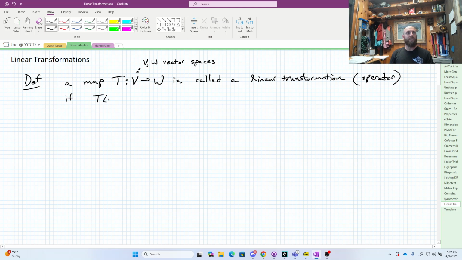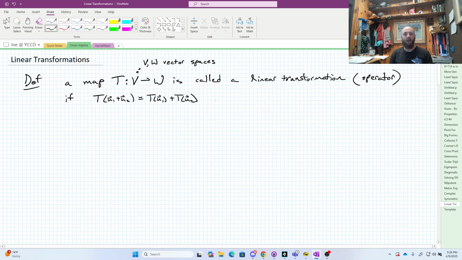So if T of u1 plus u2 is T of u1 plus T of u2. This should feel real familiar. This rule's been true for matrices, right? We've used this rule a lot. You've probably heard me ask you a question to which the answer was because A is a linear transformation or because A is a linear operator, right?